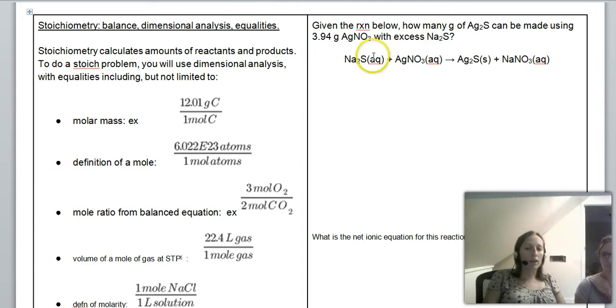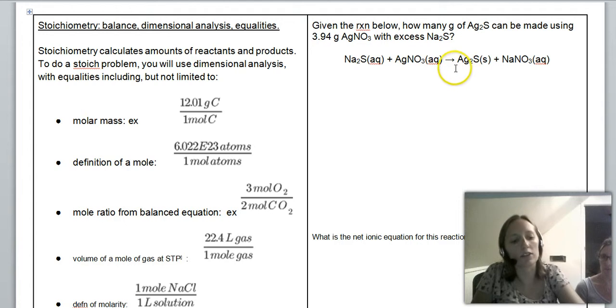That means that the number that you need to start with is the number given for silver nitrate, and we can ignore sodium sulfide. And they're asking to get from grams of this to grams of this. I will go and do that on the black screen.